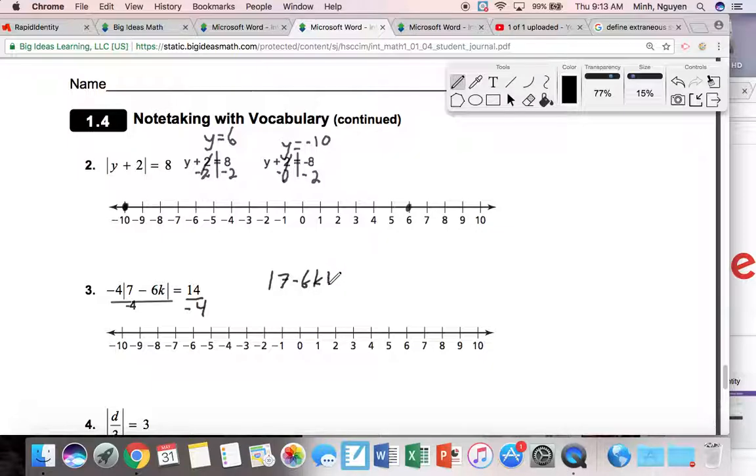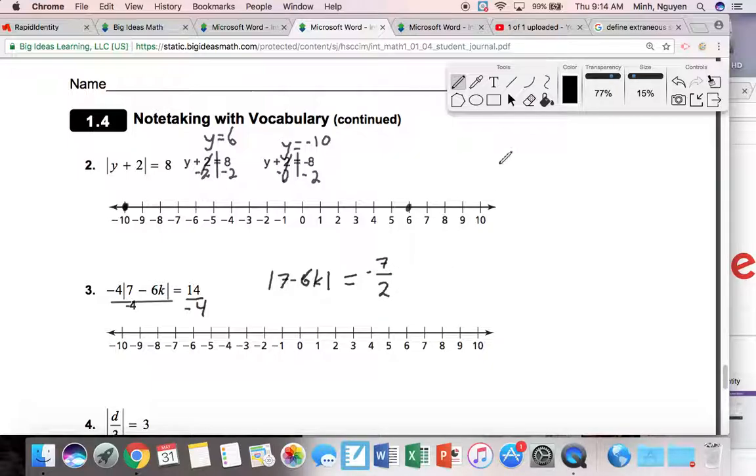Pretend that's a 6, not a g. Is equal to 14 over negative 4, which is negative 7 over 2.